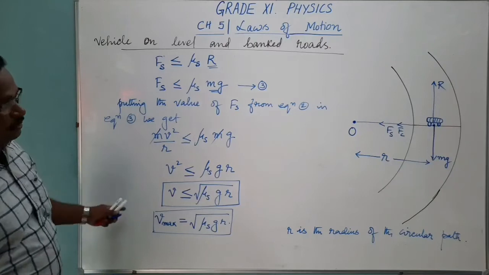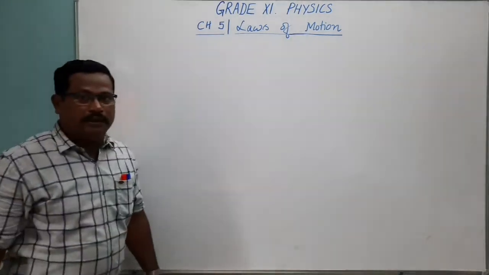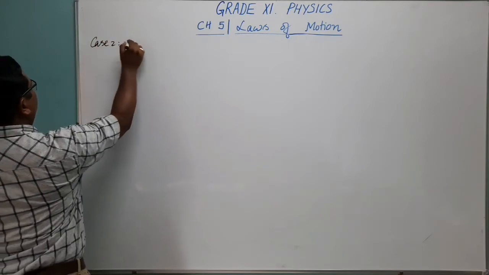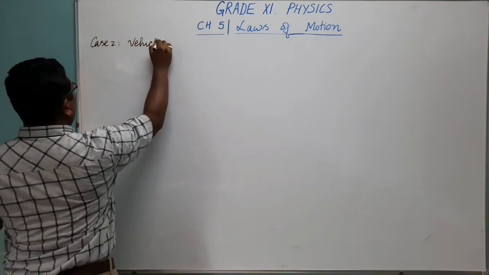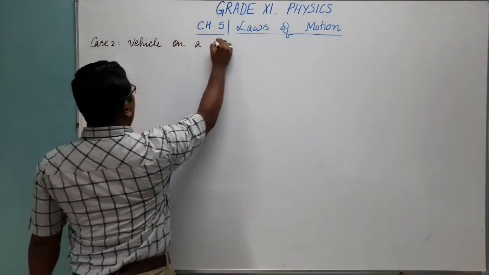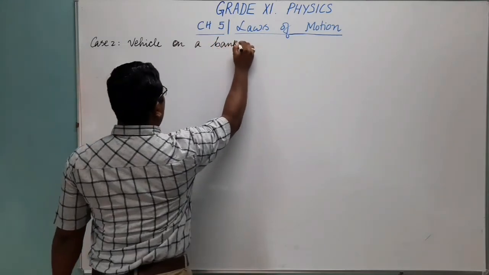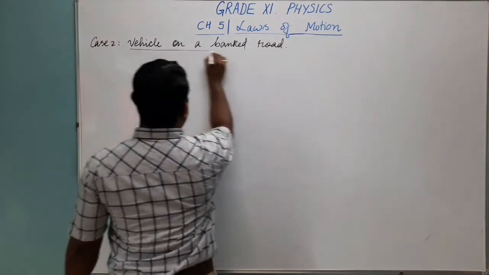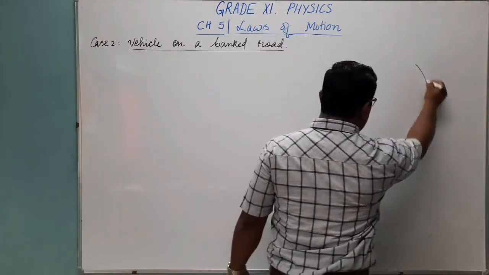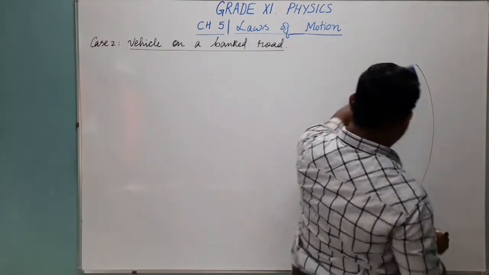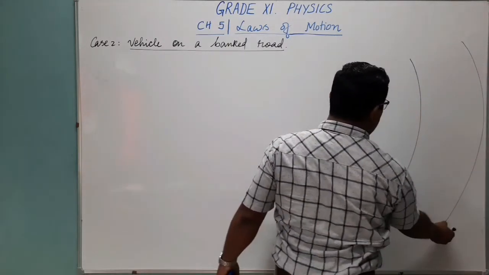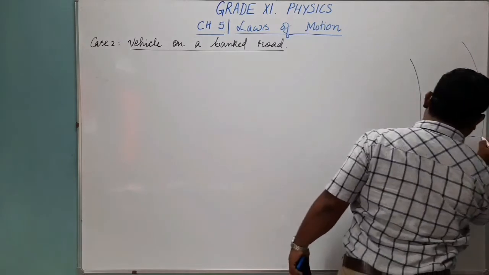In the second case I'll do it. Now let us see case 2: vehicle on a banked road. Suppose this is your road and then you have banked the road.